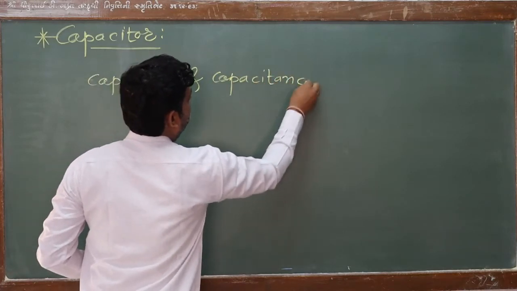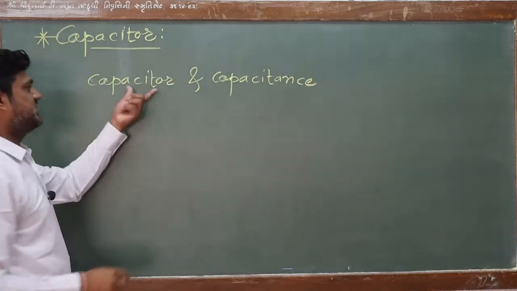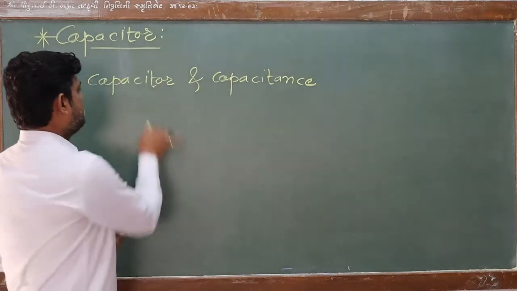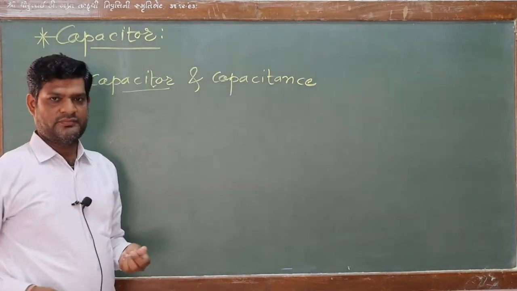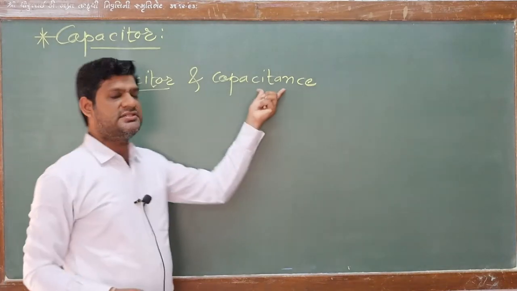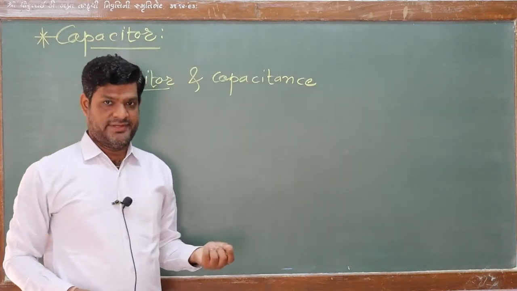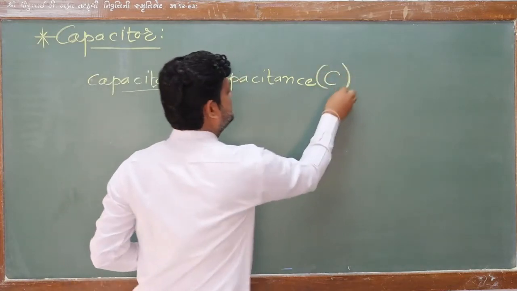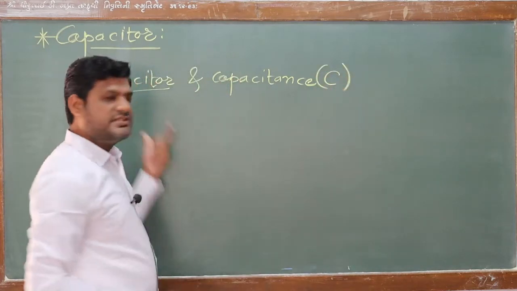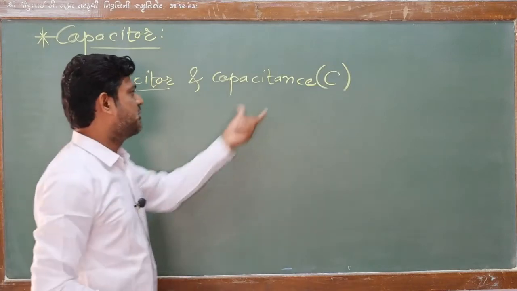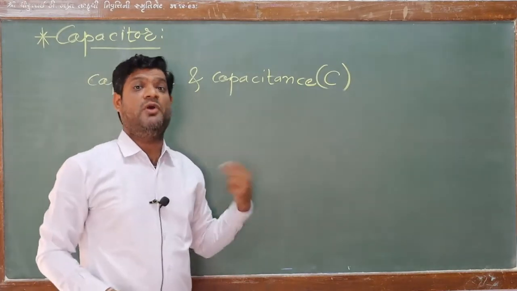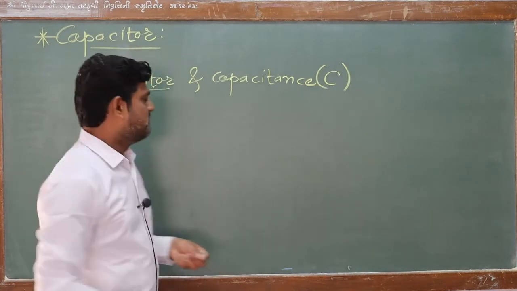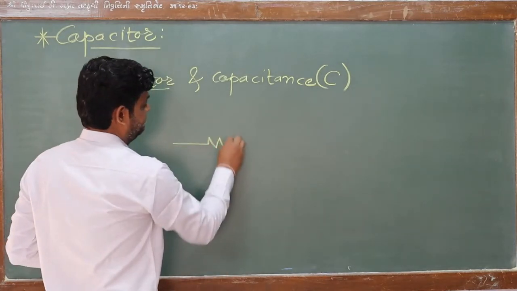These are two different words, capacitor and capacitance. Capacitor is the name of device, right? And capacitance is its property. Capacitance is denoted by capital C. As we have studied in standard 10, we have a resistor.